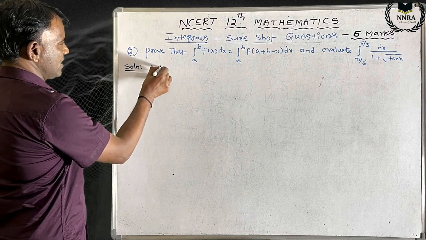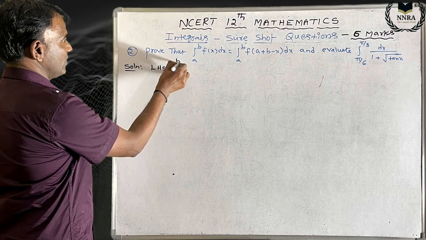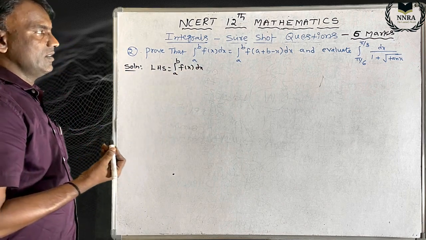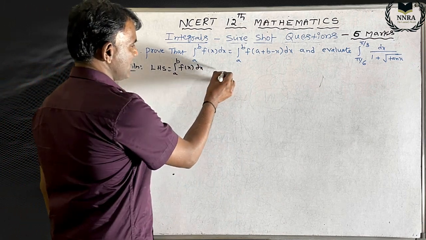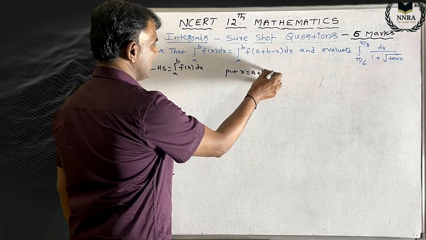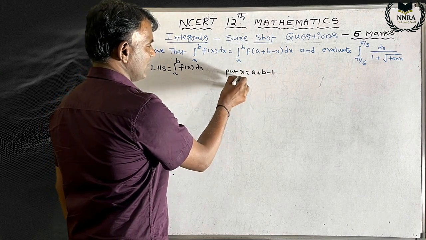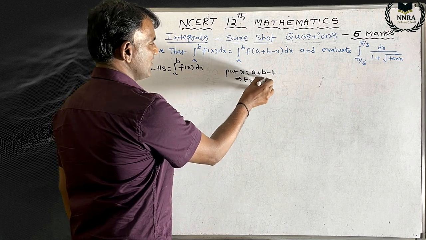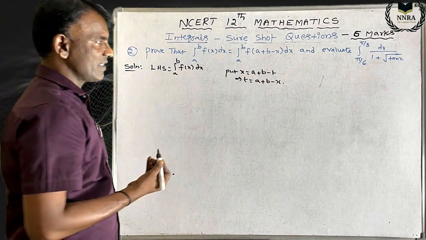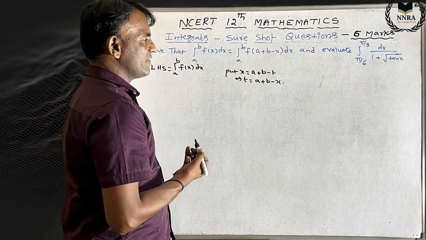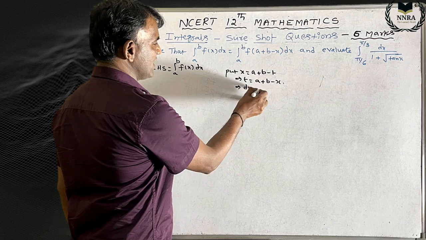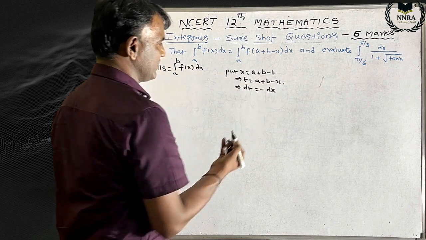So LHS equals integral a to b f of x into dx. After this, just substitute x equals a plus b minus t. From this we get t equals a plus b minus x. Clear? Then if we differentiate on both sides, we get dt equals minus dx.